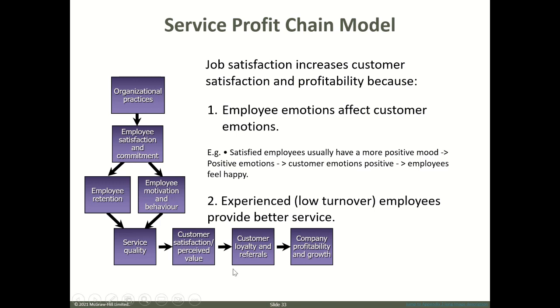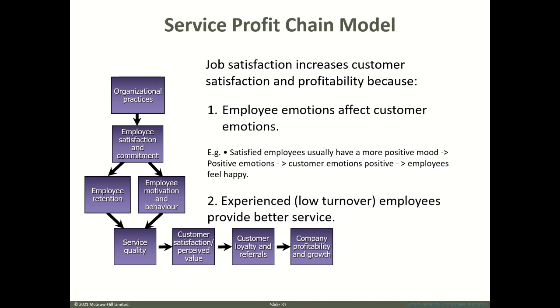For example, satisfied employees usually have a more positive mood. If you are satisfied in the organization, your mood will be positive, and with positive emotions, the customer's emotions will be positive. If you are positive, your customer will be positive, and the employee in return will feel very happy.